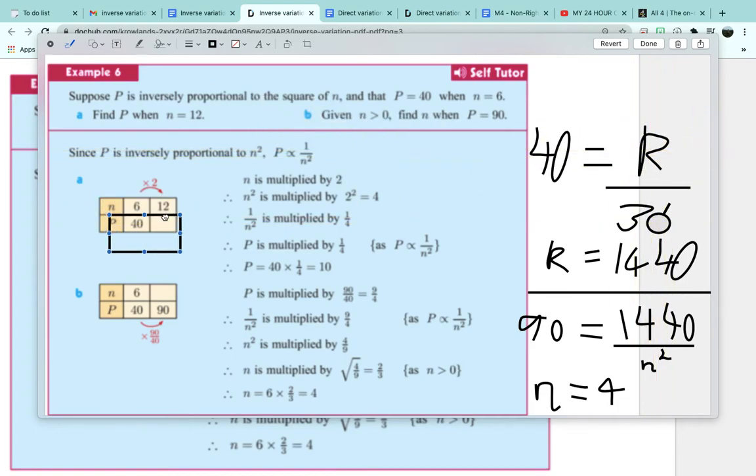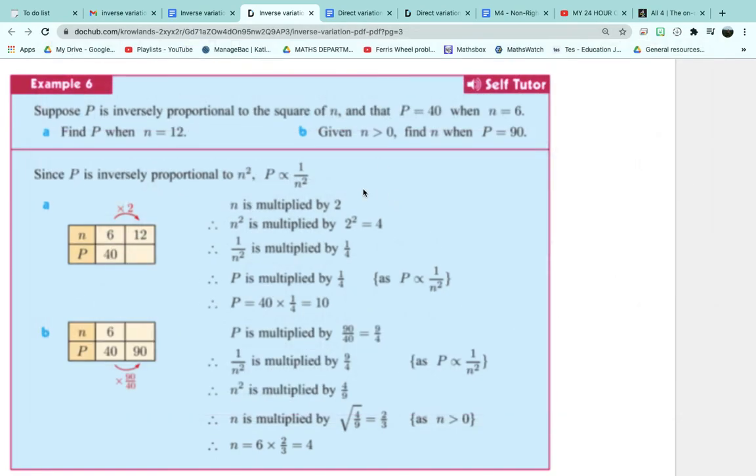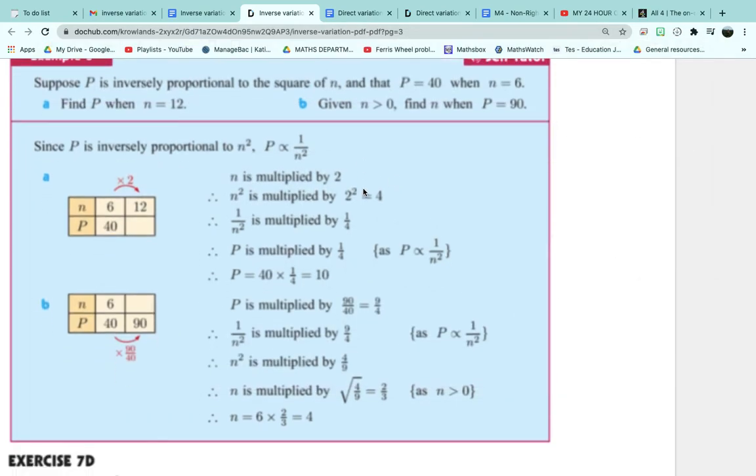We then substitute in p and n in one instance, 40 and 6, because this is 6 squared, and rearrange to find k. Once we're done with that, we then substitute k into our second instance. So we know that p is 90 and we want to find out what n squared is. We know k is 1440. We rearrange to solve for n. It is not that difficult when you get your head around the simple manoeuvring.